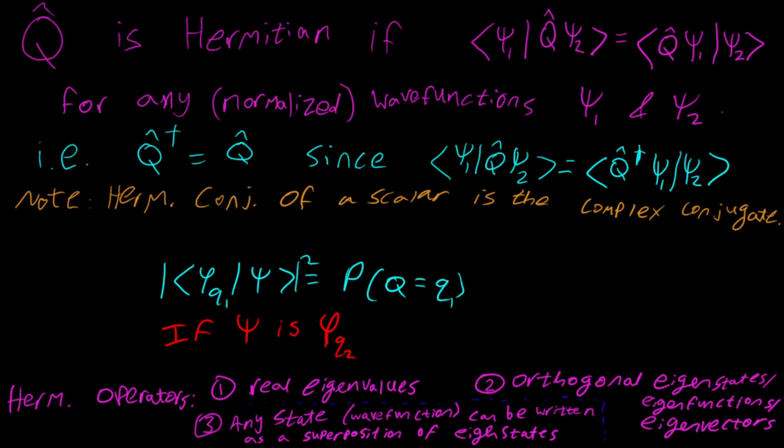If psi is phi sub q2, then the probability, if you're in that state with a value of big Q being Q2, of having Q equal to Q1 has got to be 0. So therefore, the inner product of phi Q1 and phi Q2 has to be 0 if Q1 does not equal Q2.